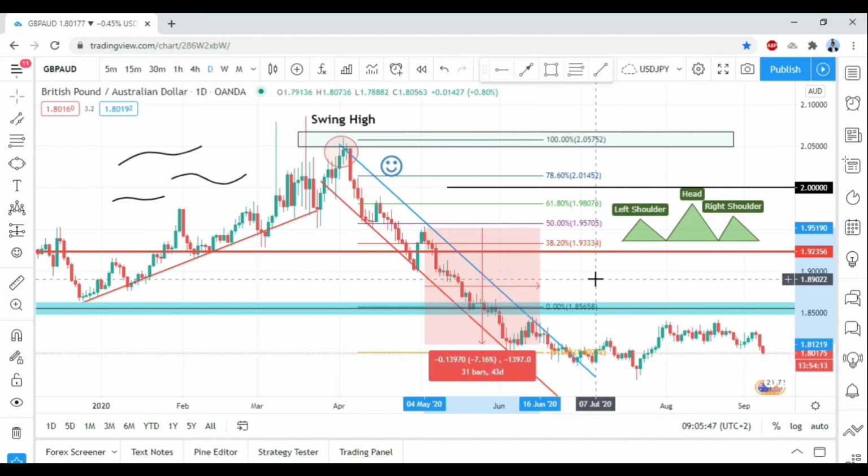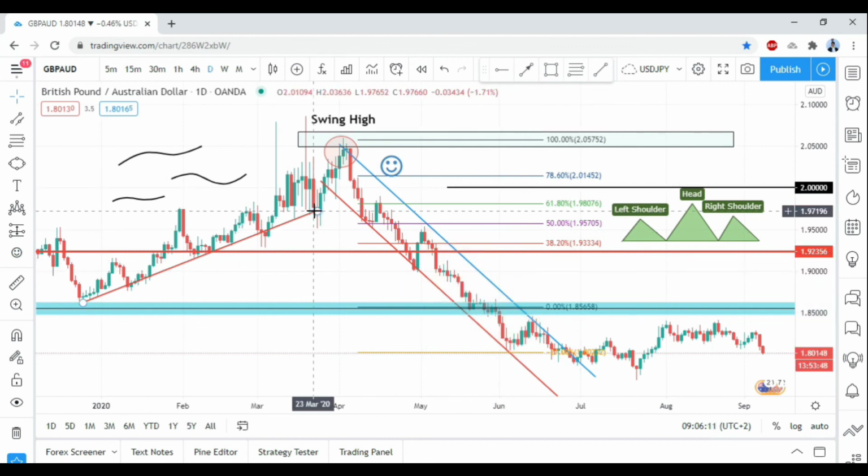So this specific price action took 31 candlesticks or 43 days, and it was a total move of 1,397 pips. So from this candlestick over here to this placement over here was a total of almost 1,400 pips. So you can also measure some price action in the market.